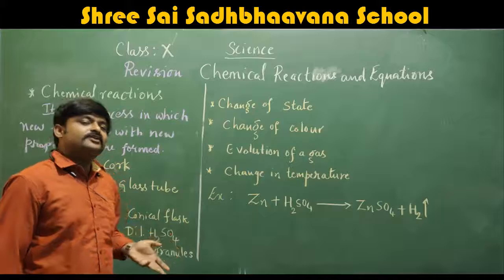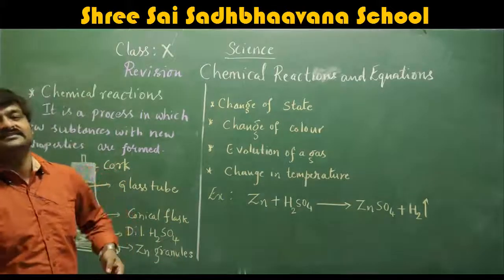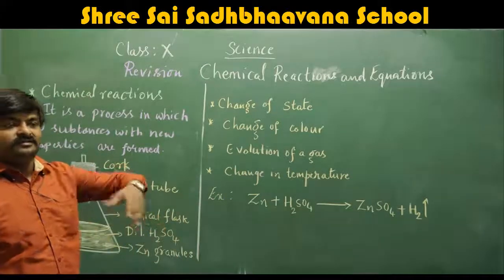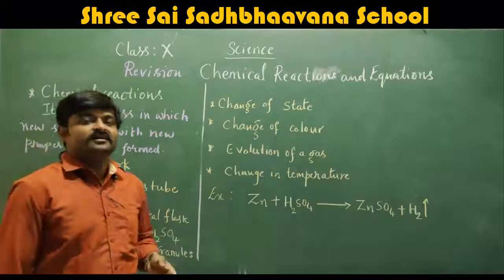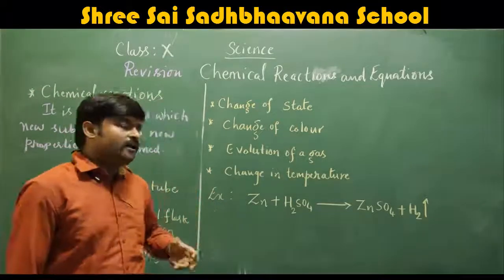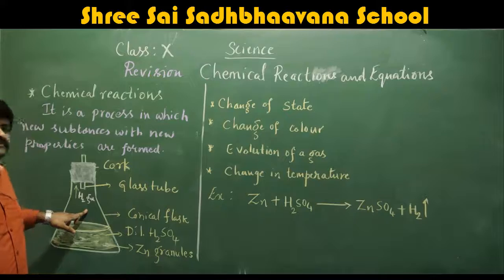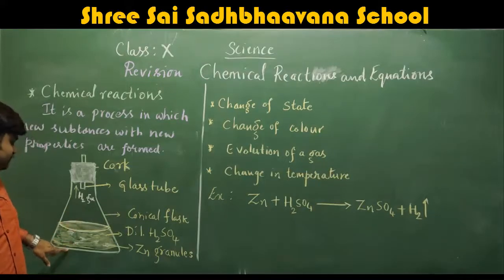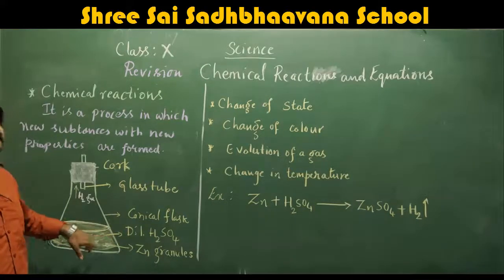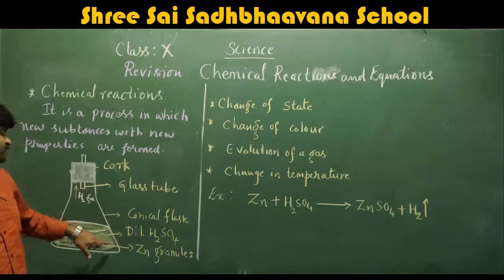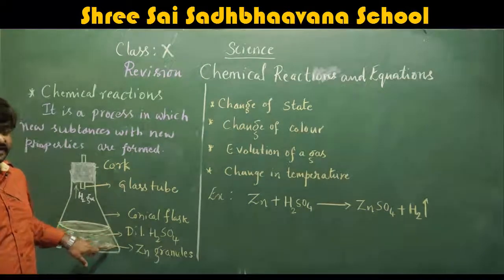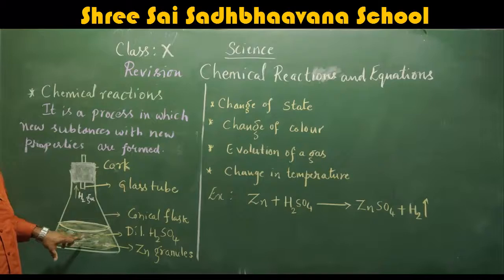When zinc and diluted sulfuric acid mix, what happens? When we shake, it will be mixed. We can observe the exit of hydrogen gas, and the color changes, turning yellowish. Are you understanding? Yellow color observation also we can see through this experiment.